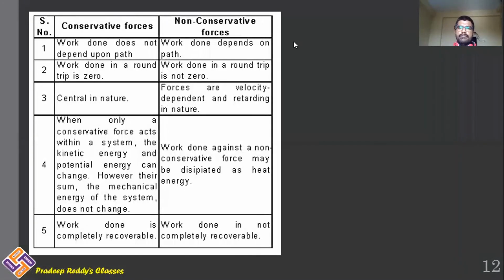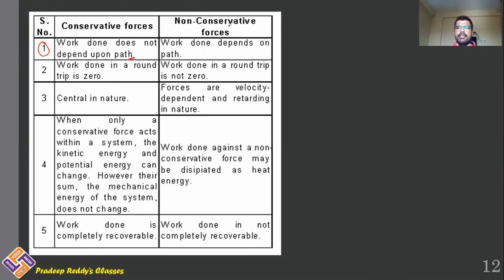So as we have discussed what is meant by conservative and non-conservative forces, let us now compare differences between conservative and non-conservative forces. Coming to the first point, work done does not depend upon the path in case of conservative.